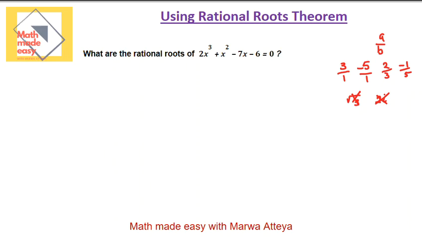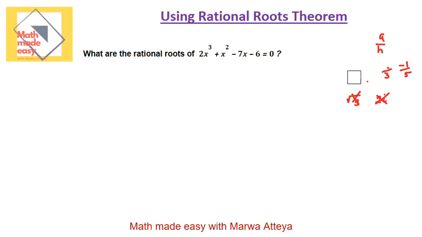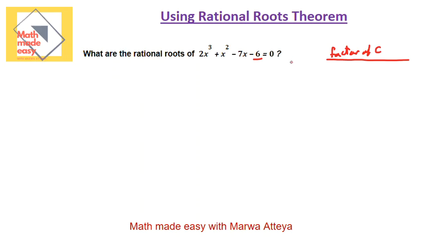Let's see what the rational root theorem is all about. The rational root theorem states that if an equation does have rational roots, because sometimes they don't, then the rational root of this polynomial function, if it's a fraction or even a whole number, has a numerator that is a factor of the constant, and the constant in this case is 6, and a denominator that is a factor of the leading coefficient.